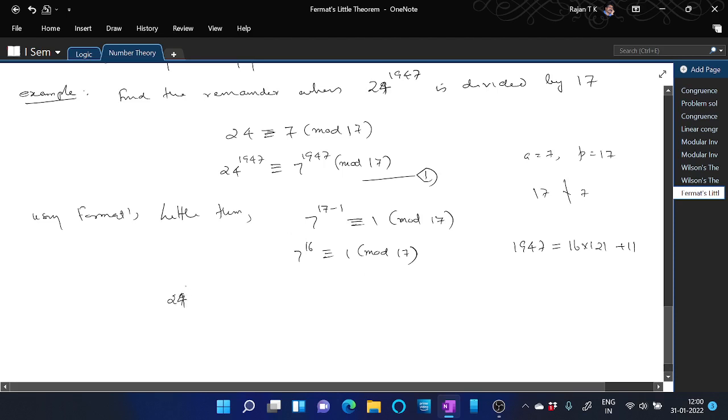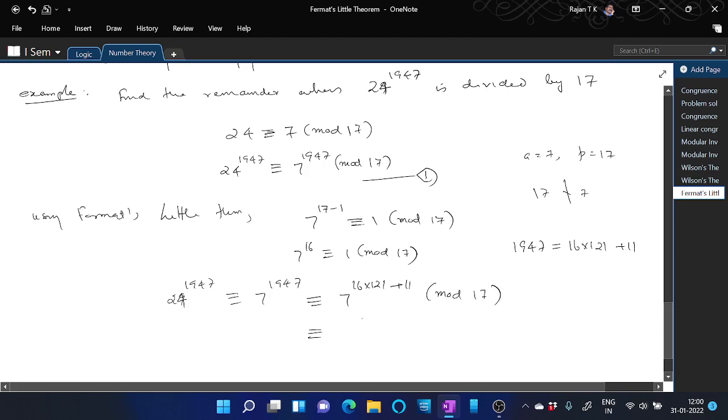24 raised to 1947 is congruent to 7 raised to 1947, which is congruent to 7 raised to 16 into 121 plus 11 mod 17.